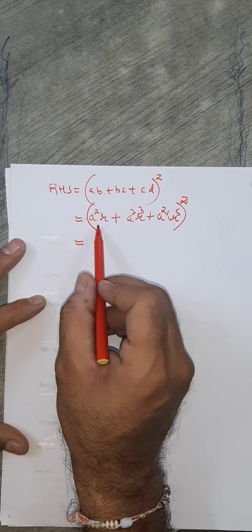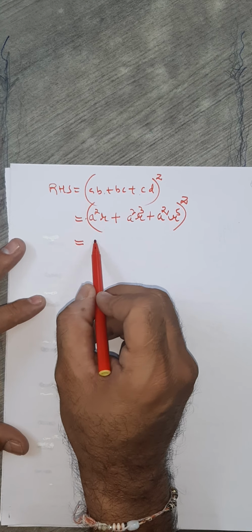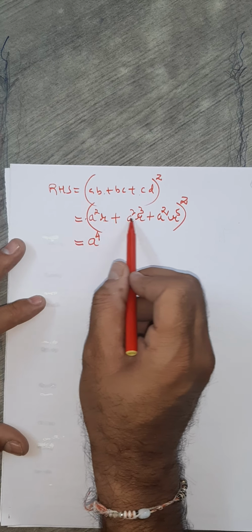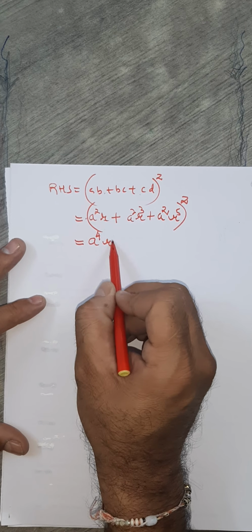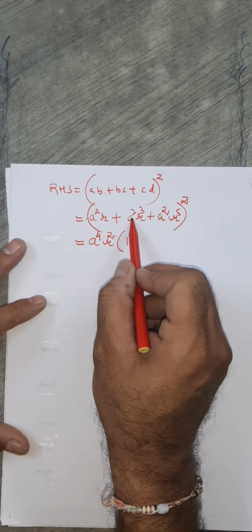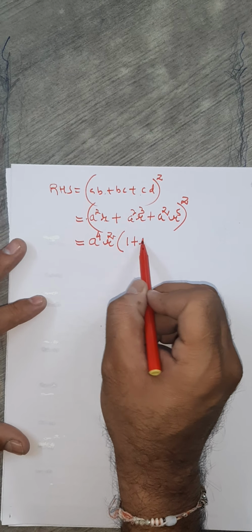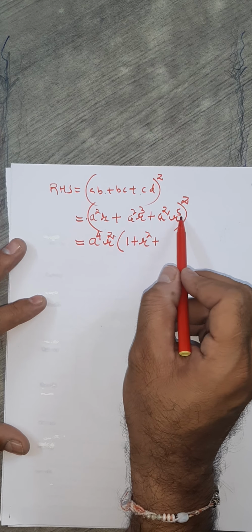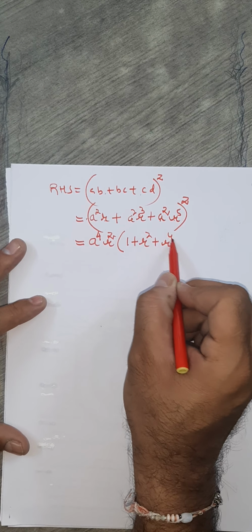You can find a square common here, but if you take it outside because of the square, it is a raised to 4. r is common. If I take it outside, it is r square. So here you will get the 1, a square already taken outside, r is taken. So this is just r square. Then r outside, so this is r raised to 4.